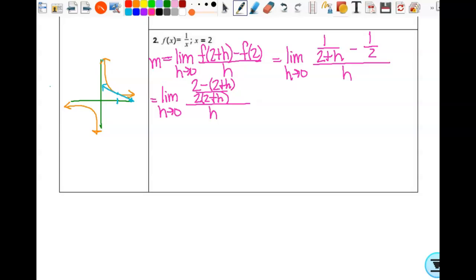Because fractions. All right, so then this is equal to the limit as h approaches 0 of, all right, 2 minus 2 zeros out, so that numerator becomes a negative h over 2 times 2 plus h, and h in the denominator. Everybody good?